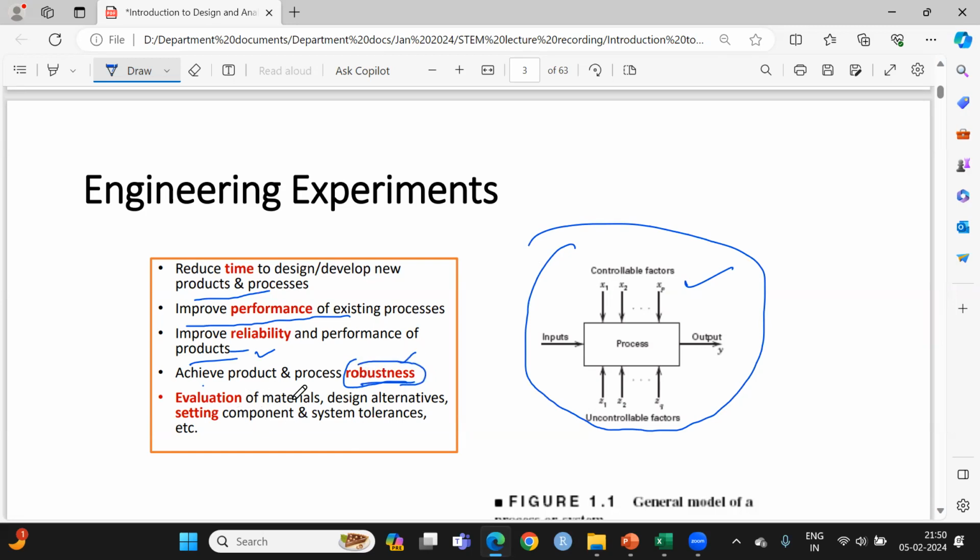So, evaluation of material, as already discussed with you. It may be possible that you are getting bad output due to poor quality of raw material, poor knowledge of the operator, or any other reason. So: evaluation of material, design alternatives, setting component and system tolerances, and so on.